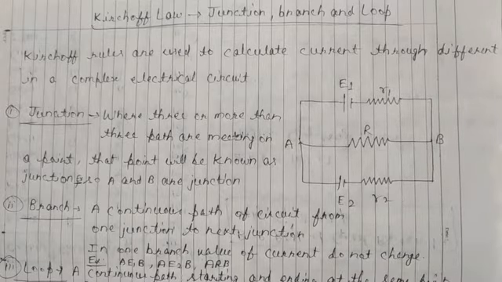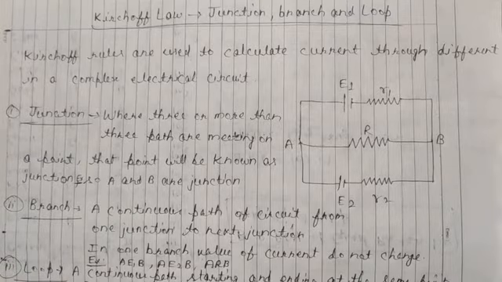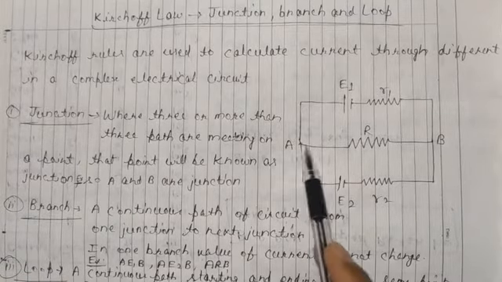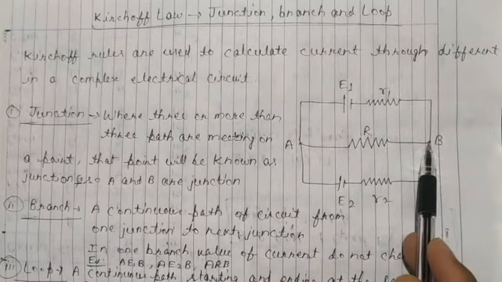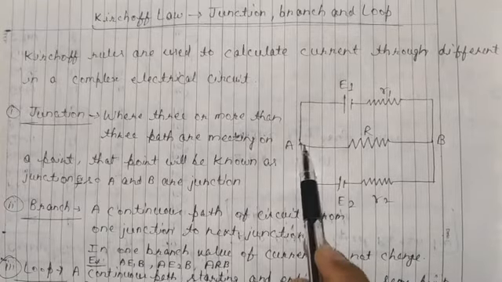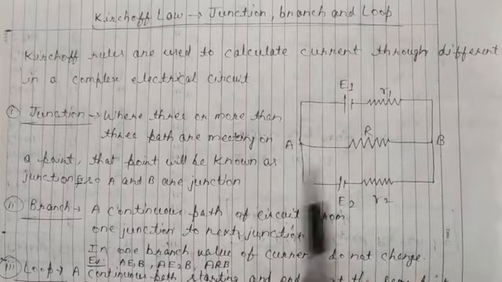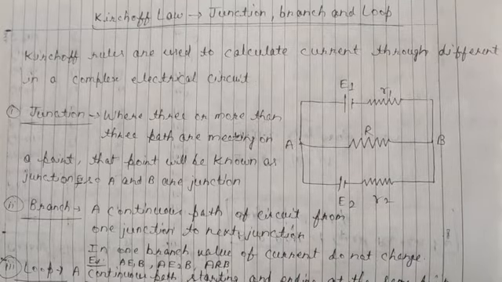Now the second thing we observe is what is meant by branch. A continuous path from one junction to the next junction, that path is known as a branch.